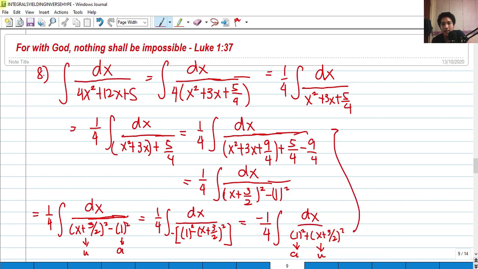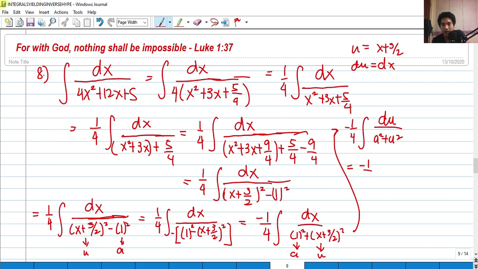So we can use again the formula. We can convert this as du all over a squared plus u squared. So there we have no problems because if we let u equal x plus 3 halves, our du would be simply equal to dx. So, again, this formula yields us to the natural logarithm.